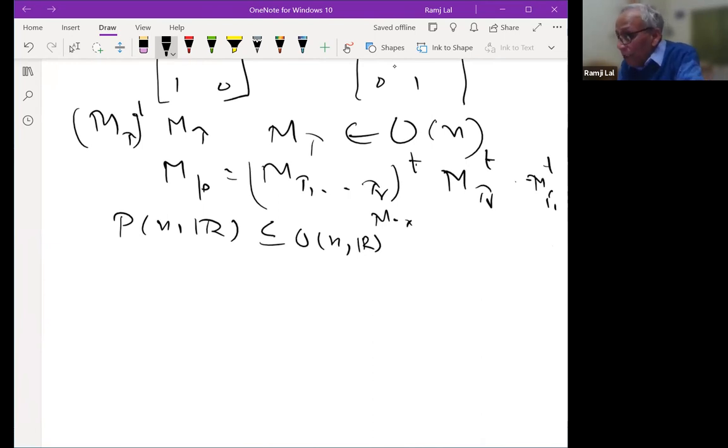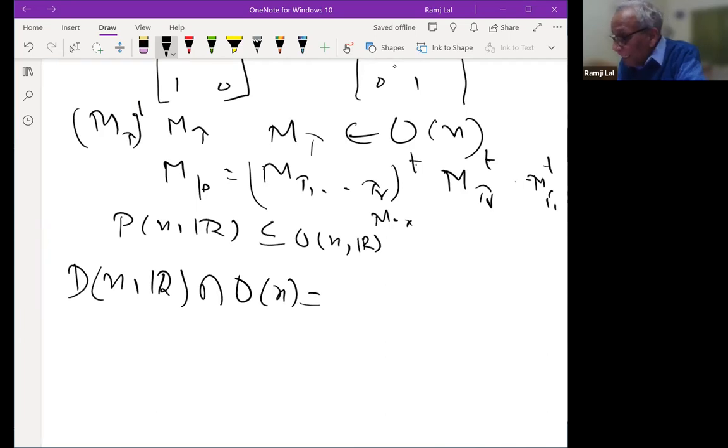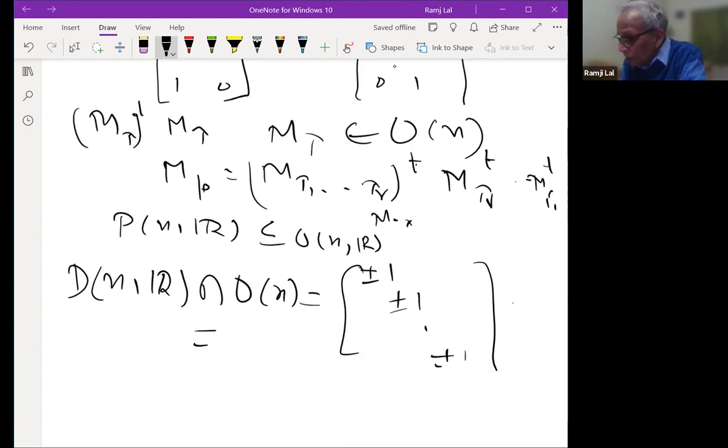So if you take the diagonal matrices D_n(R) intersected with O_n, then what is that? That is plus minus. So that will be matrices of the type plus minus 1, plus minus 1, plus minus 1, because its transpose has to be its inverse, right? So this is indeed Z_2 to the power n. So this is the diagonal matrices, right?